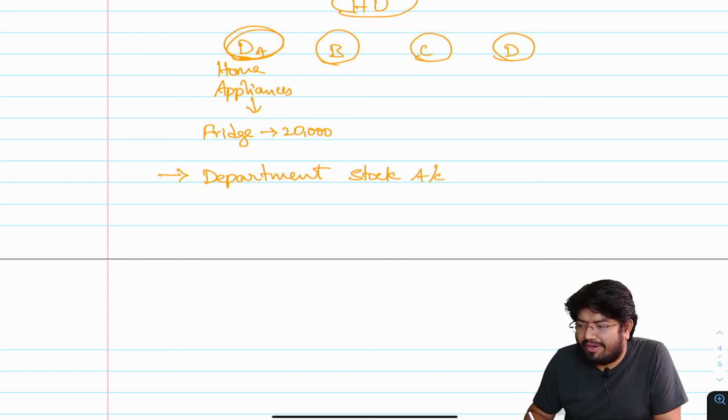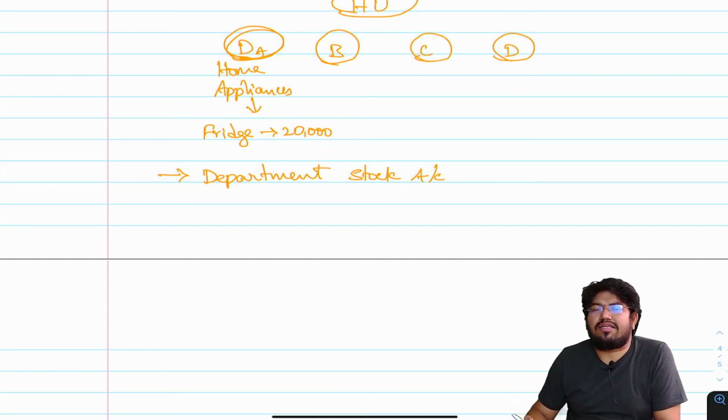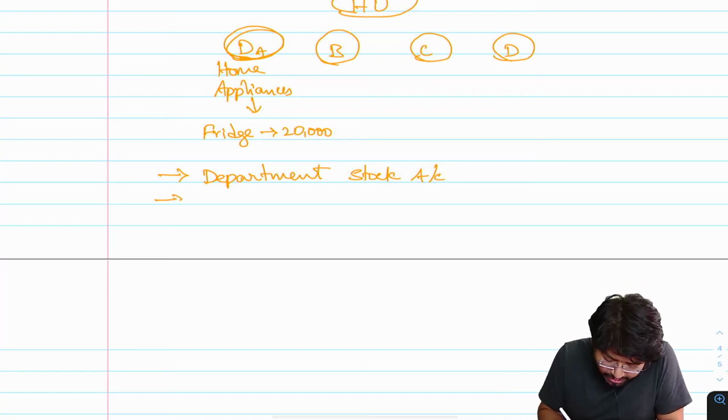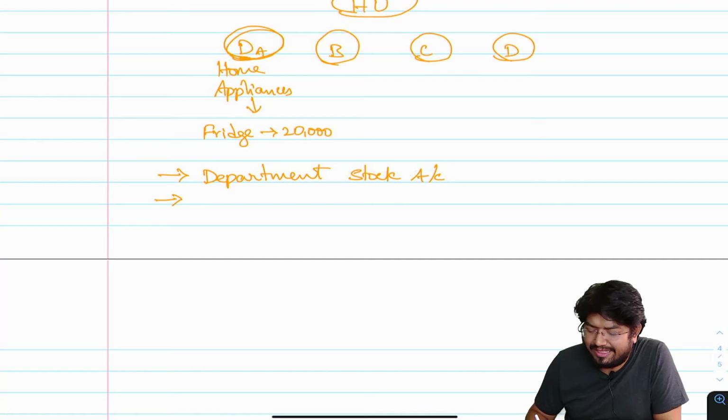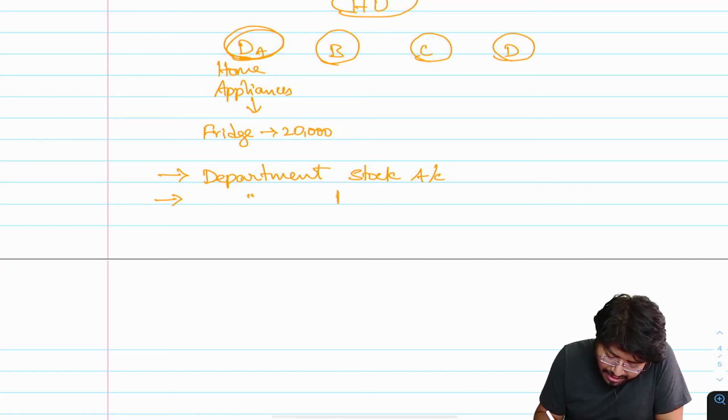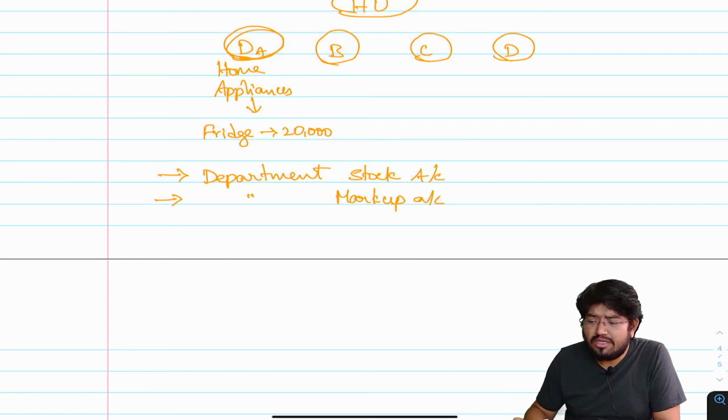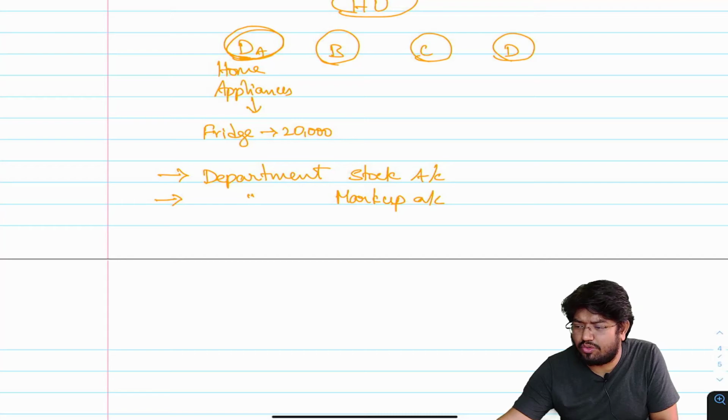Why is this used? To see and record what is the stock in each department and how much value they hold. The second and most important account we maintain is the department markup account. Why do we need these two accounts?